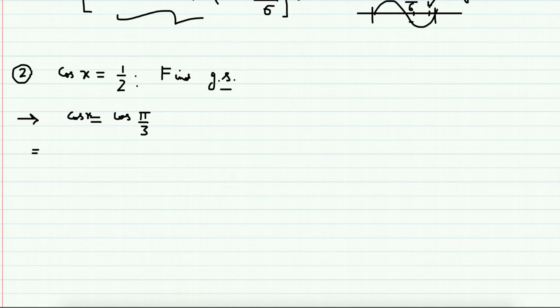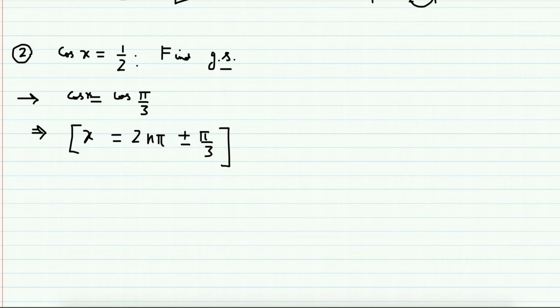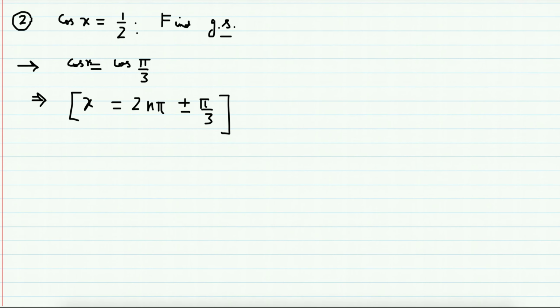So here x is equal to 2n pi plus minus pi by 3. So this is the general solution. If the principal solution is asked, we will only give two values of x between 0 and 2 pi.